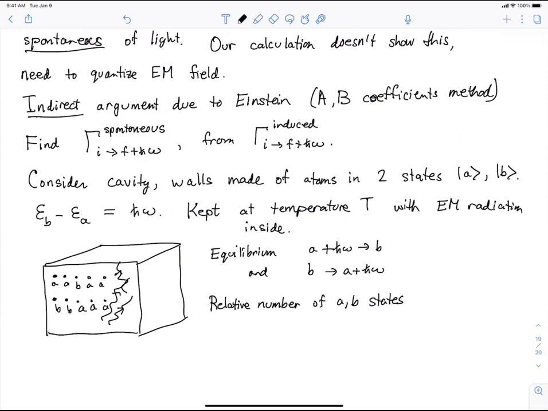And then there are photons that are being emitted and absorbed. And because we have equilibrium, we are assuming that these transitions are occurring between A and B states by emitting and absorbing photons according to the fact that their energy is different by an amount h bar omega.